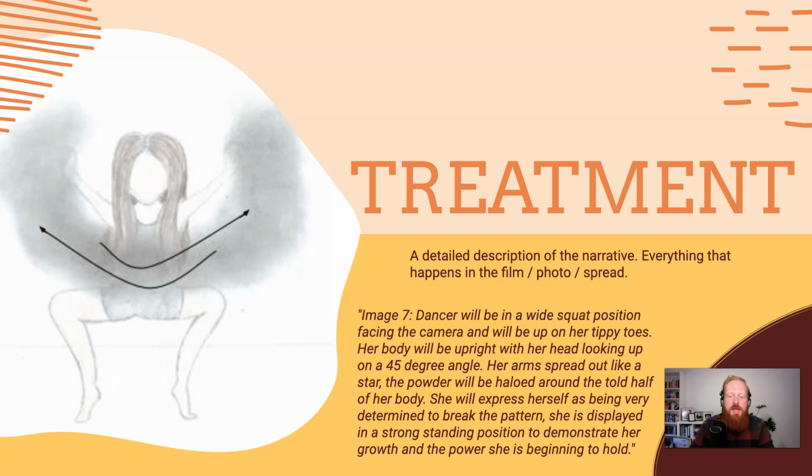The powder will be haloed around the top half of her body. She will express herself as being very determined to break the pattern. She is displayed in a strong standing position to demonstrate her growth and the power she is beginning to hold. So that's a really detailed description as to what's happening in this image.